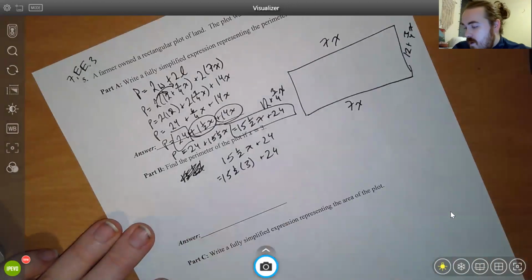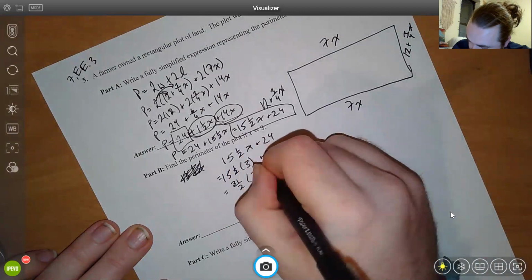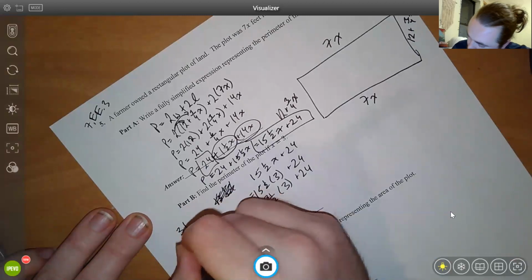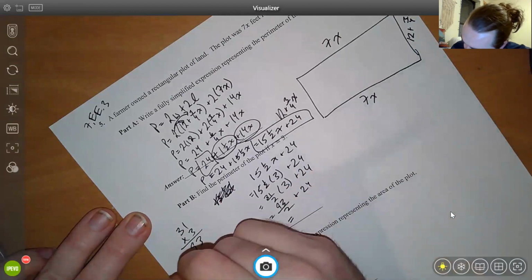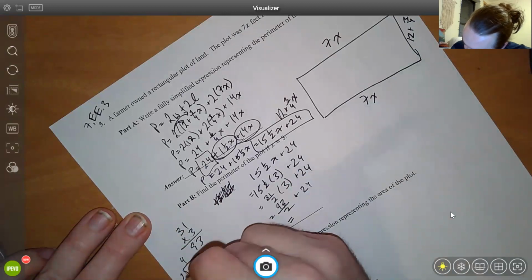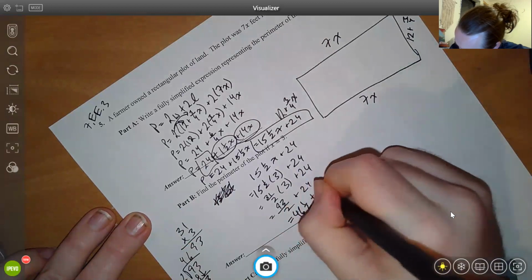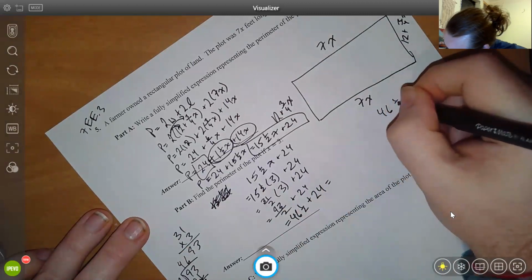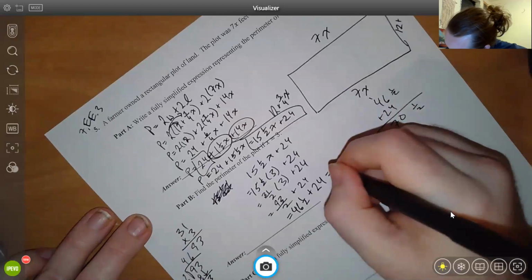When you multiply by a mixed number, you need to make it into an improper fraction. 15.5 is 31/2. 31/2 times 3 plus 24 equals, 31 times 3 is 93. 93/2 plus 24 equals 46.5 plus 24 equals 70.5.